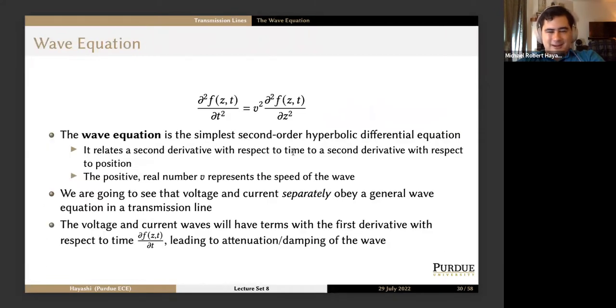Now, the long TX line equation is something we're going to get to today. And we took a detour by saying, hey, this is the wave equation. It's a very famous second order partial differential equation, where the speed of the wave shows up in it.